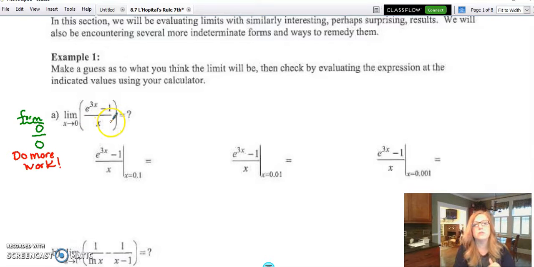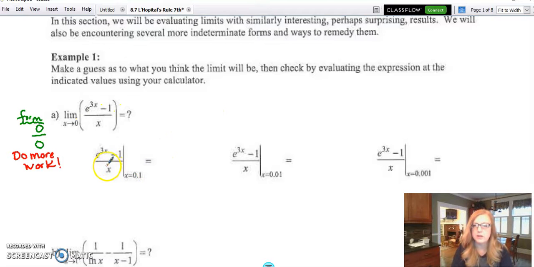Then I would like you to pick up your calculator, set your table up, and evaluate this expression at 0.1, 0.01, and 0.001, and then use the estimation technique with the table to guess what you think the limit is. So what do you think it is from algebra?